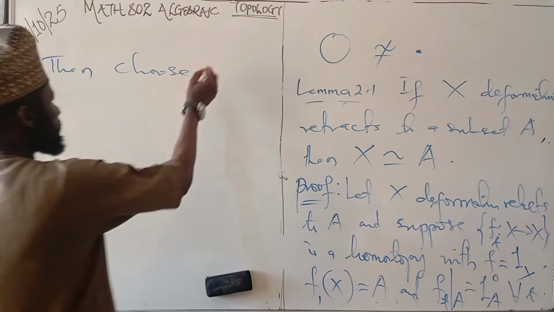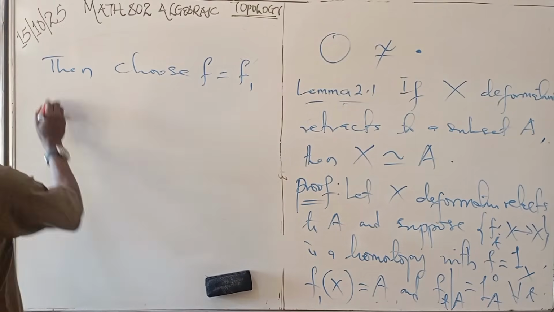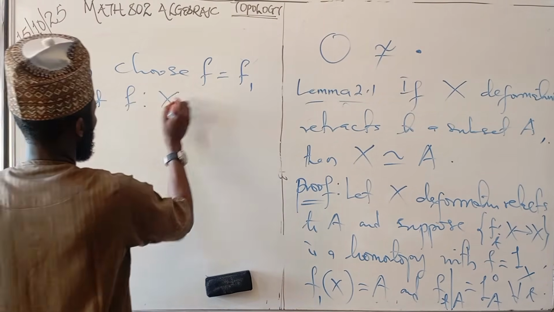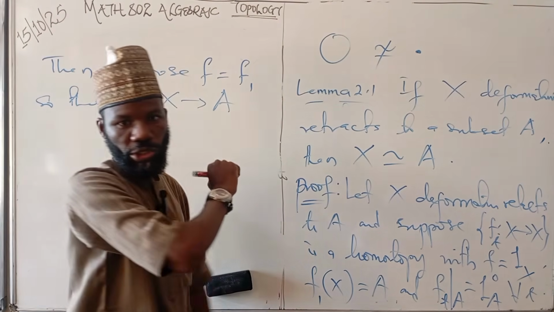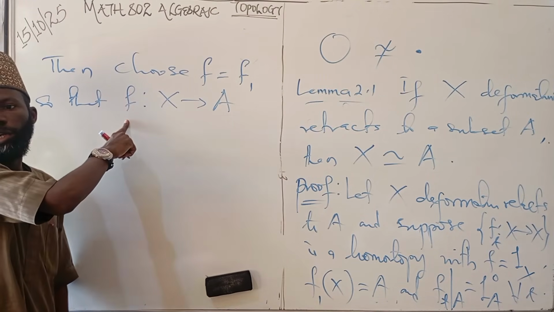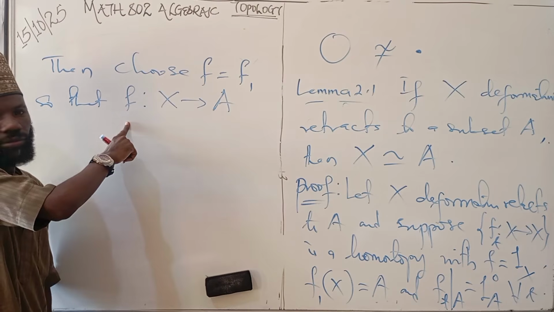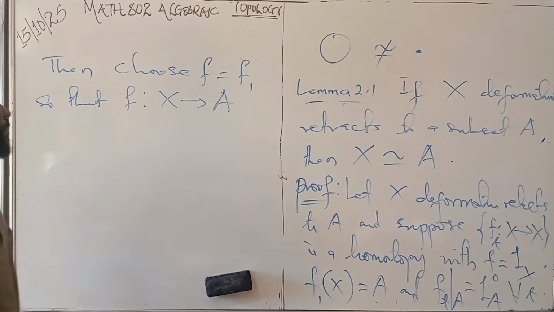So we choose f to be equal to f1, so that f is a mapping from X to A, and it's continuous because f1 is continuous. So that we show that this f is a homotopy equivalence.